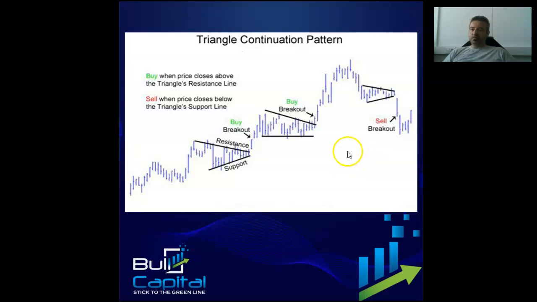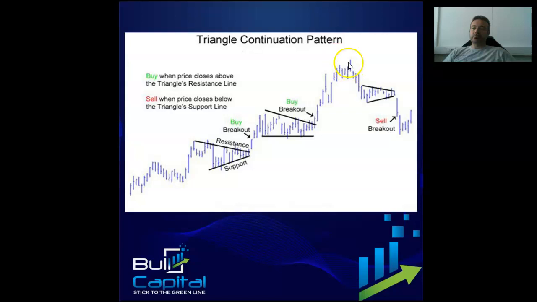This is another example. It's actually the same thing. So we draw support and resistance here. Of course, you also see it's a triangle. When you see a triangle, it's possible that it goes either way, but in this example, if price goes into the triangle from below, it will most likely go up, and the other way around.